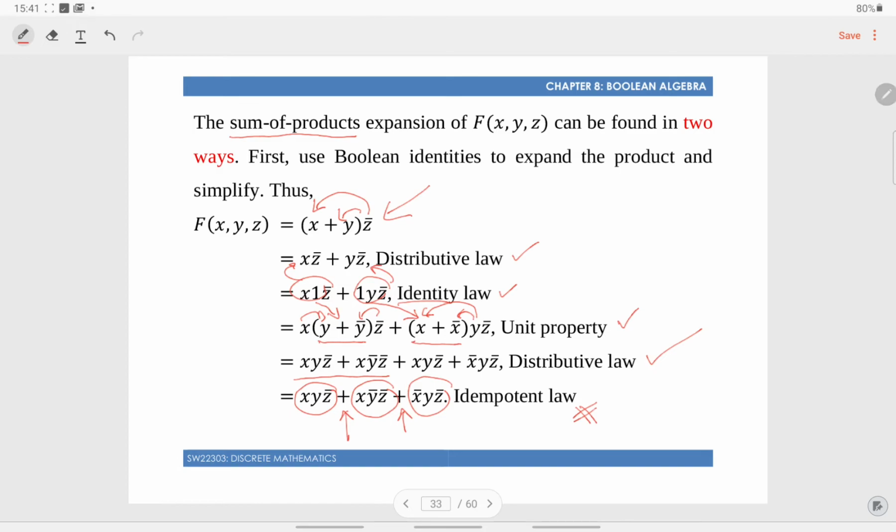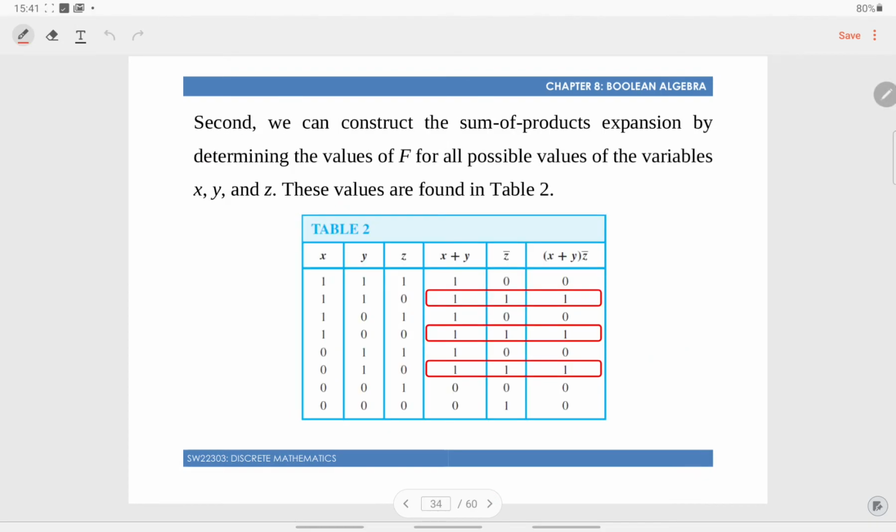Another way to get the sum of product expansion is by using a table. The second way is to construct the sum of product expansion by determining the values of the function for all possible values of the variables x, y, and z. First of all, we come up with these three default columns, x, y, and z, and all the possible combinations of these three variables.